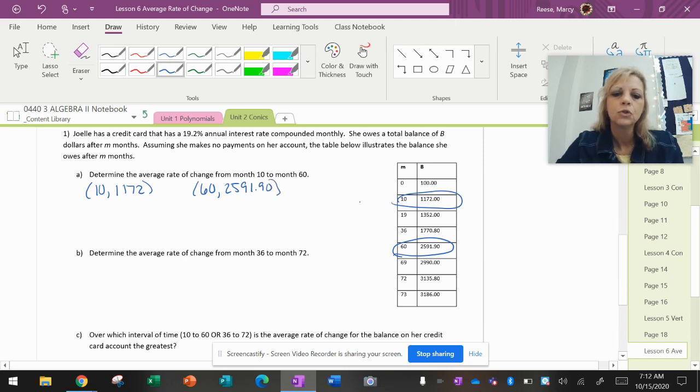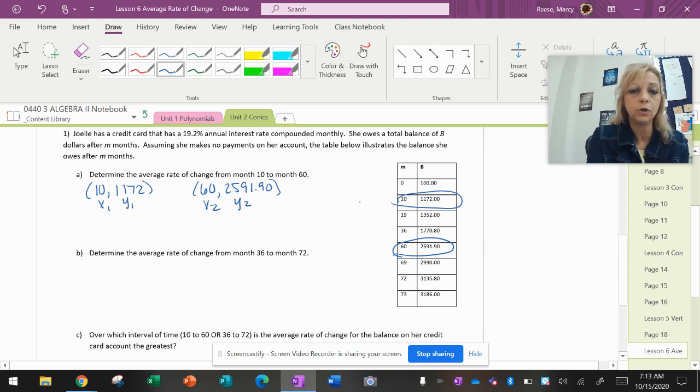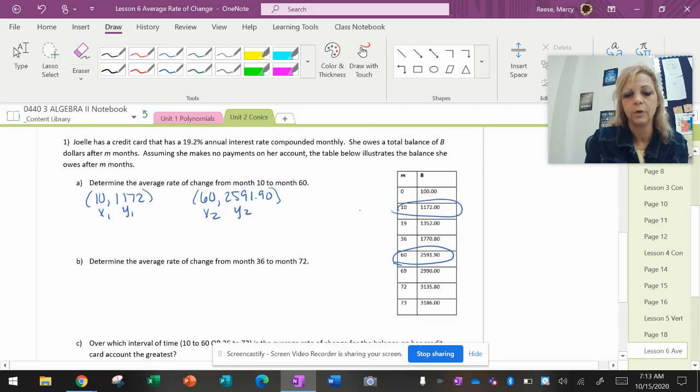Okay, so as you can see, they want to know what the change is per month from month 10 to 60. So you're going to pick them as coordinate points. You're going to label them x1, y1, x2, y2, and then you're going to perform the formula above.